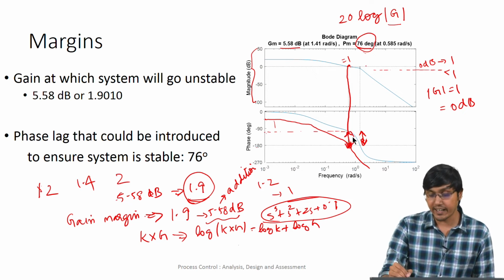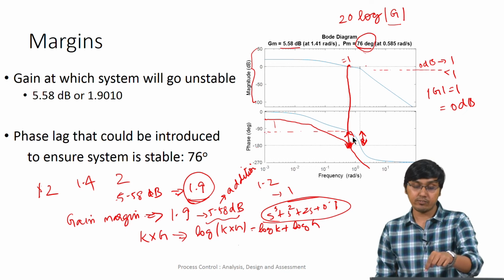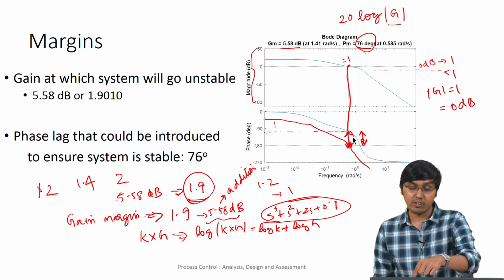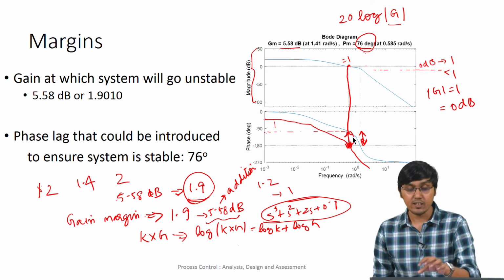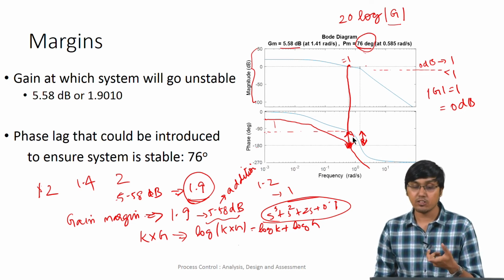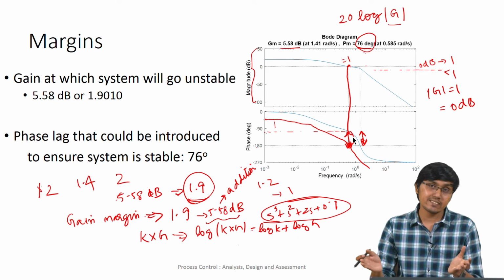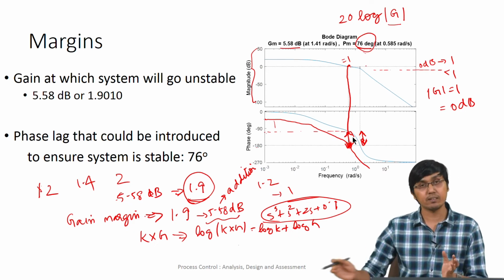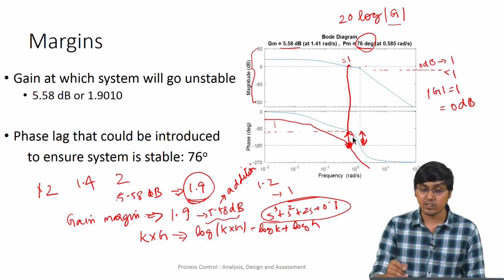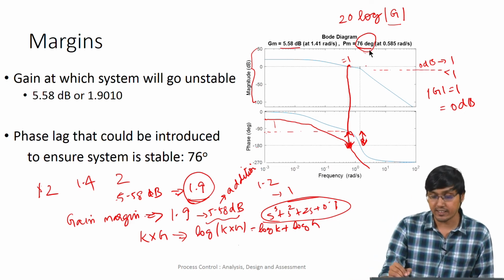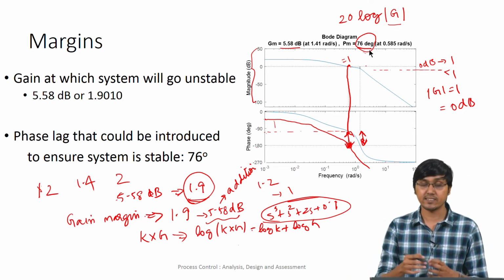What is the phase lag I have to introduce to make this particular phase minus 180 degrees at the value when the gain becomes equal to 1? Till what phase lag can I introduce so that the system still remains stable? What is the maximum phase lag I can introduce so the system will still remain stable? That is called the phase margin. That is nothing but 76 degrees here.